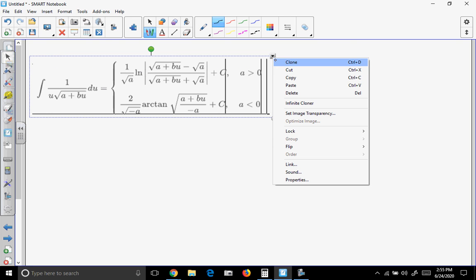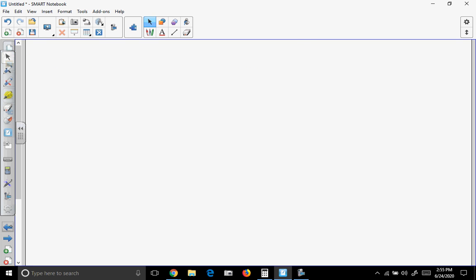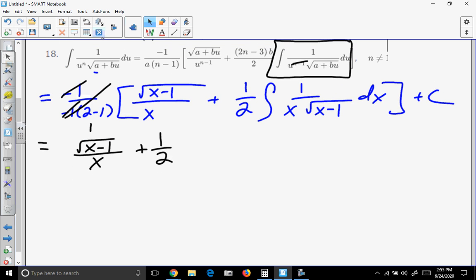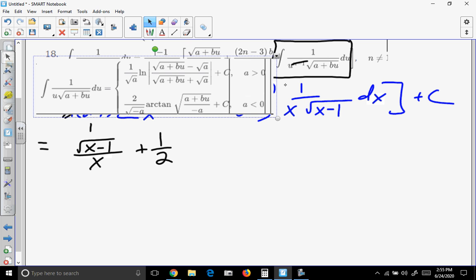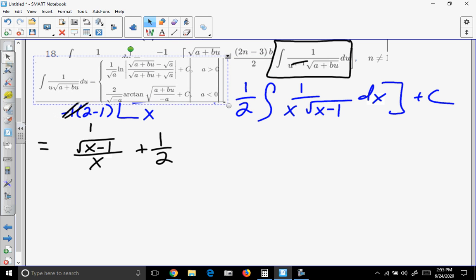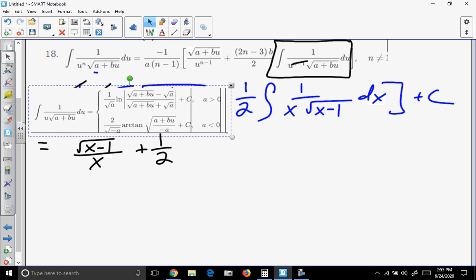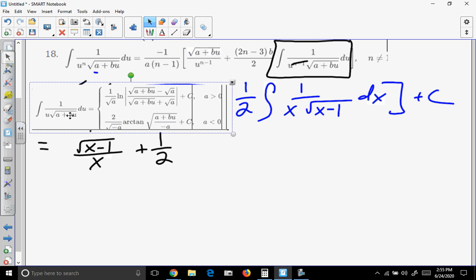So cut that, and put that here. I'll move that in a minute. So our u, our a, our b, bu, all that's the same as it was before. Our u is x, our a is -1, our b is 1. We've got all that.